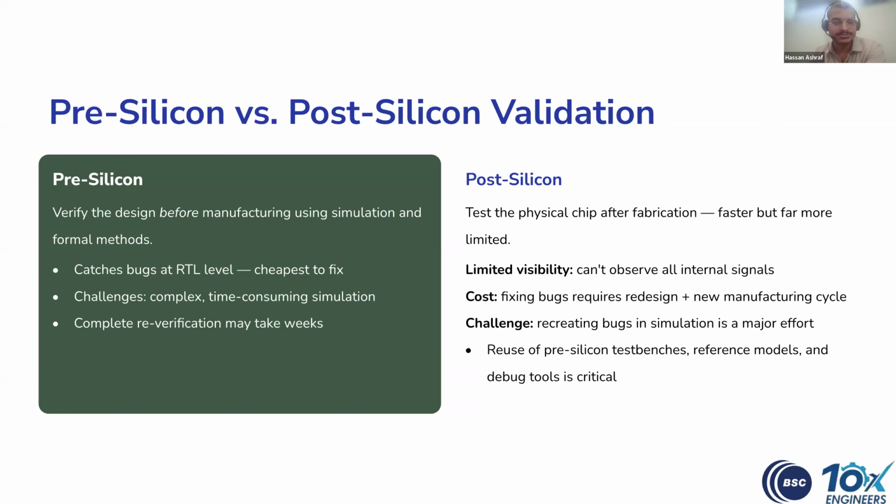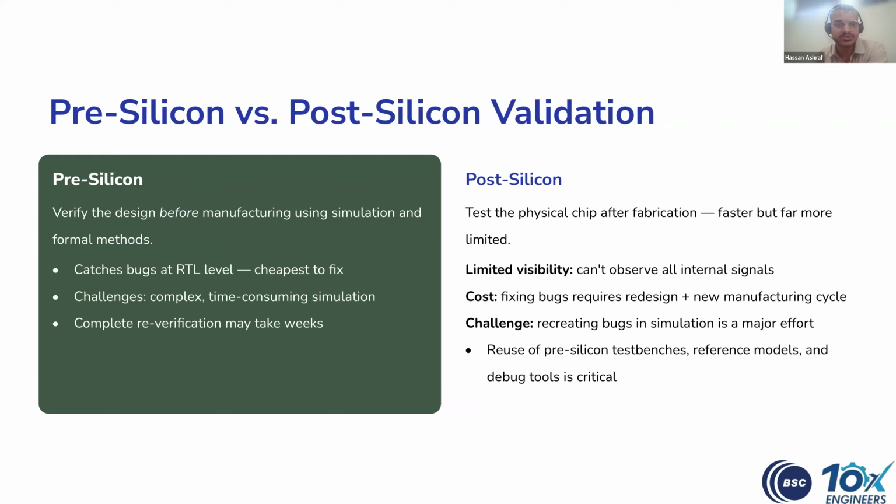So, at a high level, distinguishing between pre-silicon and post-silicon. In pre-silicon, we verify the design before manufacturing using simulation and formal methods. We'll go into the details of the simulation and formal as well. We catch bugs at the RTL level.